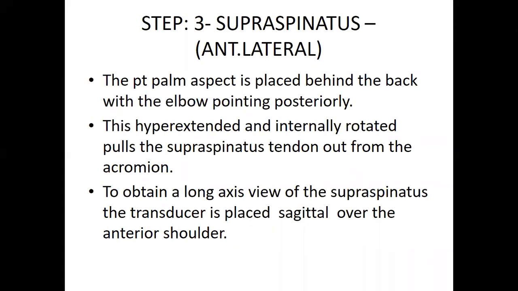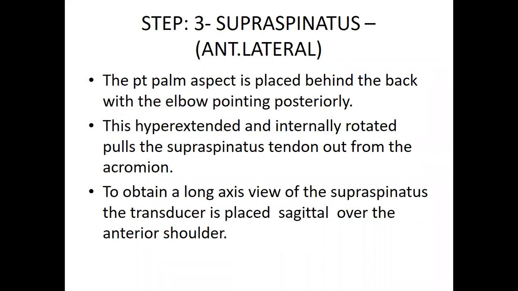Now, why is it important? You are trying to pull this supraspinatus tendon out from under the acromion. So it will appear now, it will come out very nicely. This is where you see, I was describing it like a beak. You see it very, very well. You are still in the anterior lateral compartment.